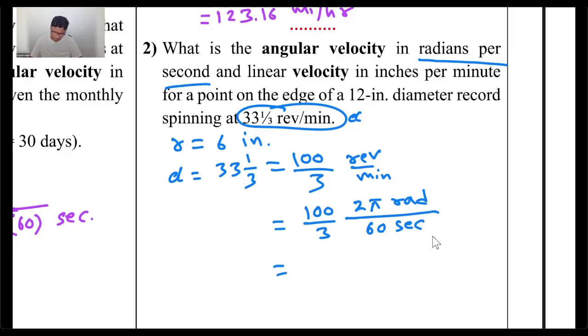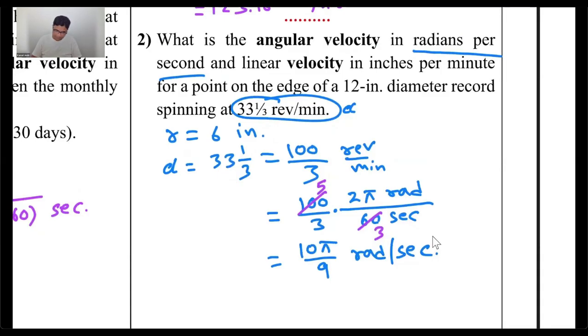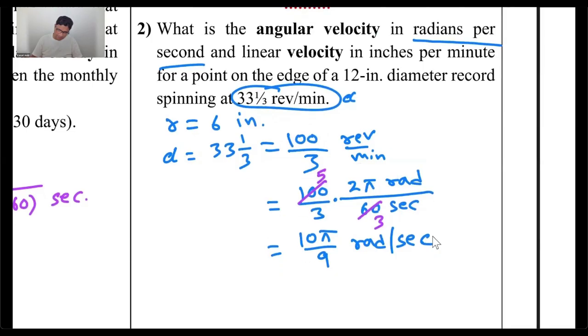Now do that calculation. It is multiplication here, 5 and 3 here. I don't think anything else multiplies. That will be 10 pi over 9 radians per second. That's the angular velocity in radians per second. Now the linear velocity in inches per minute.